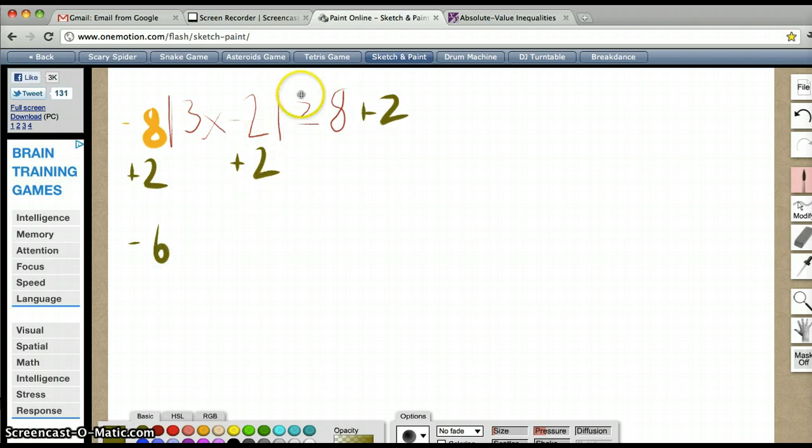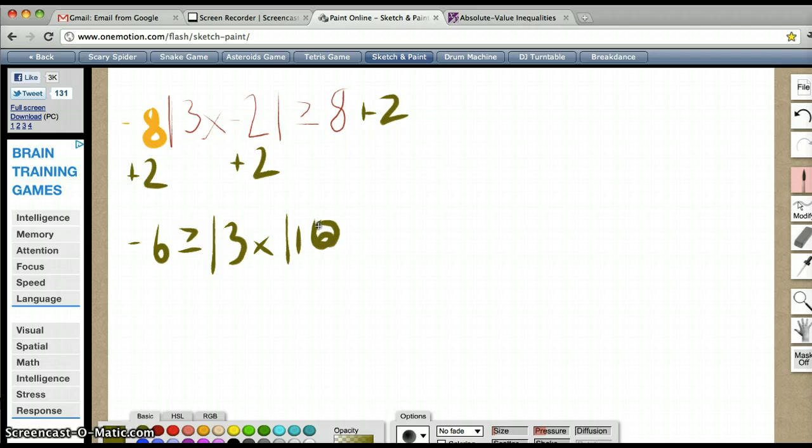Now, this is greater than or equal to, so then what we're going to have is negative 6 is greater than or equal to 3x, and on the other side 10, because 8 plus 2 is 10.